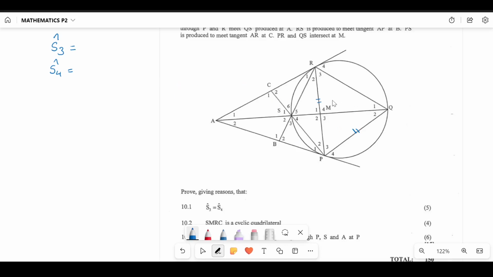S3 is equal to this angle, which is the exterior angle of this cyclic quadrilateral. So this will be equal to the interior opposite angle. So we can write S3 equal to Q1 plus Q2. The reason is exterior angle of a cyclic quad.